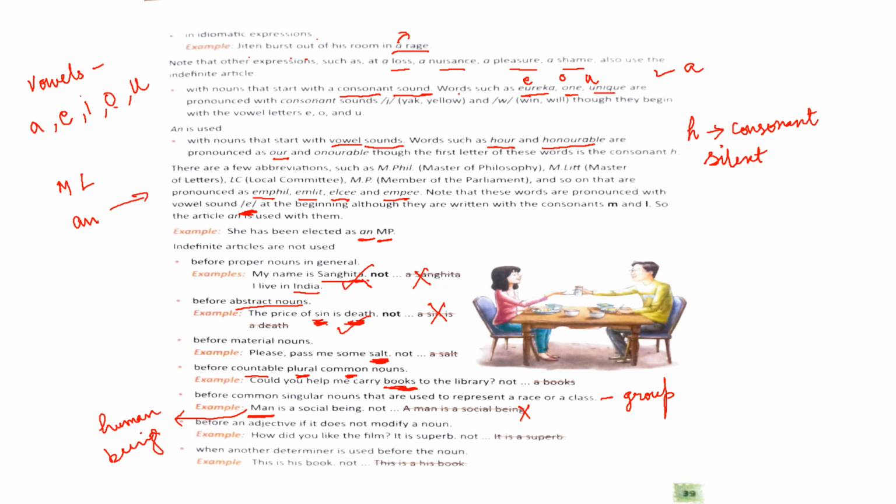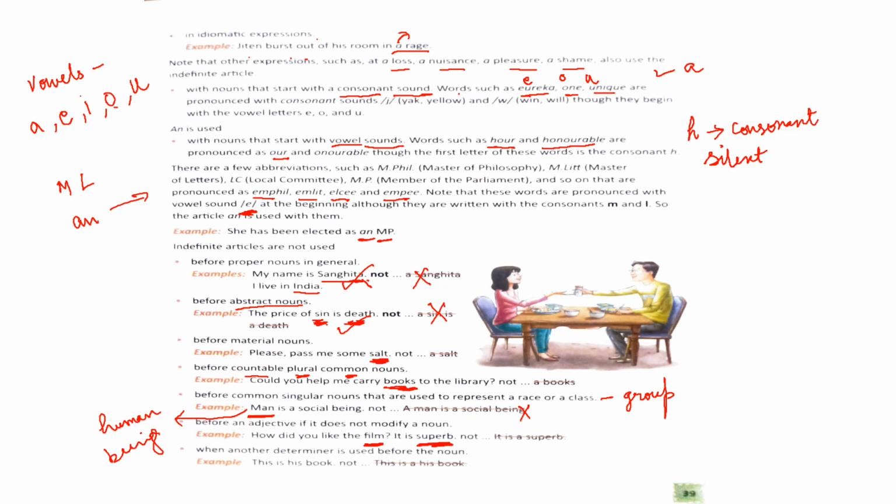Here superb is the adjective, talking about the noun film, but the word superb is not modifying the noun. It is simply stating how the movie was. So in that case, we do not use the article a and an. So it will be incorrect if we say "It is a superb." "It is superb" is the correct one.